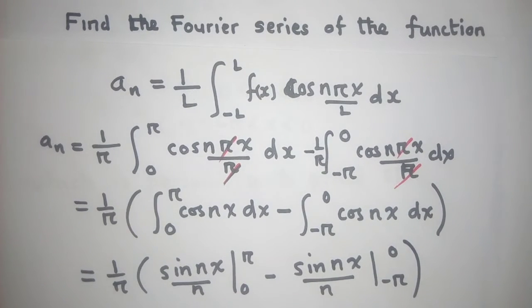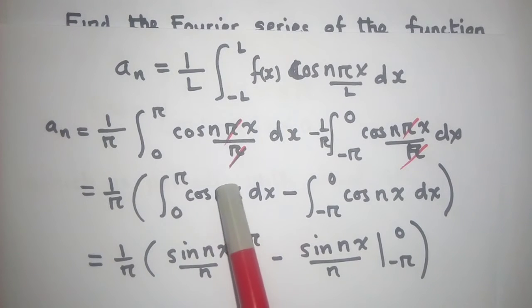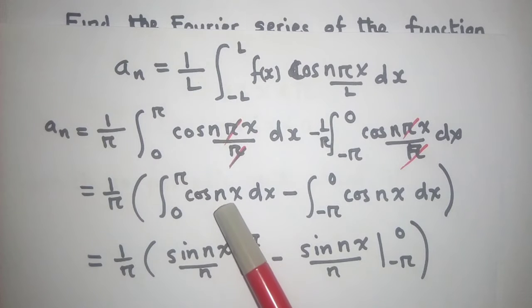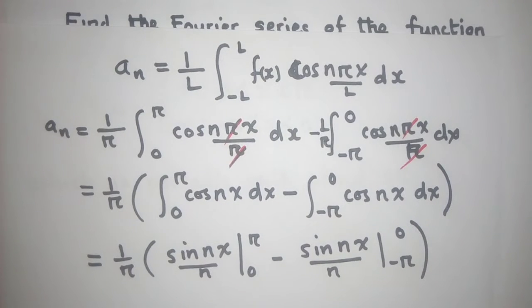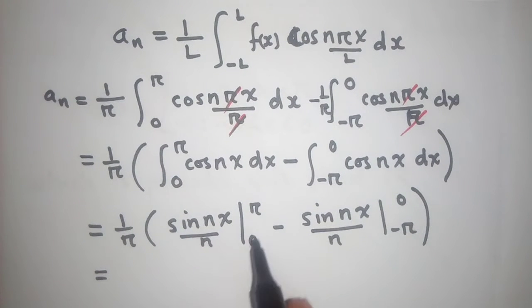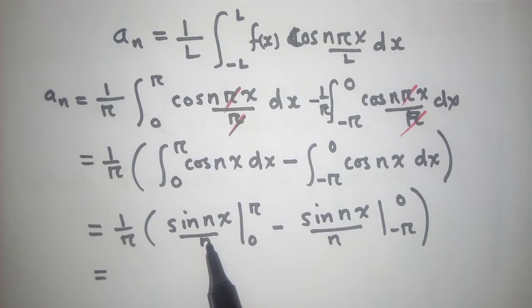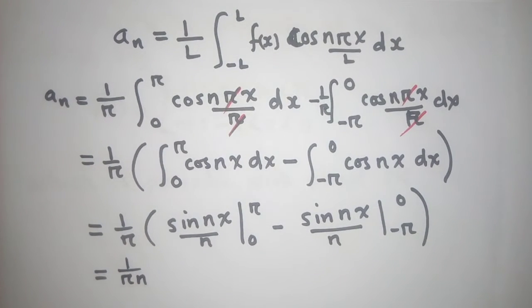In case you don't know how to integrate here, you can use substitution to integrate cos(nx), where you let u be equal to nx. At this point, we can plug in the limits, or if you want, we can even factor out the n, since n is common here and here. So we can say it will be like this.